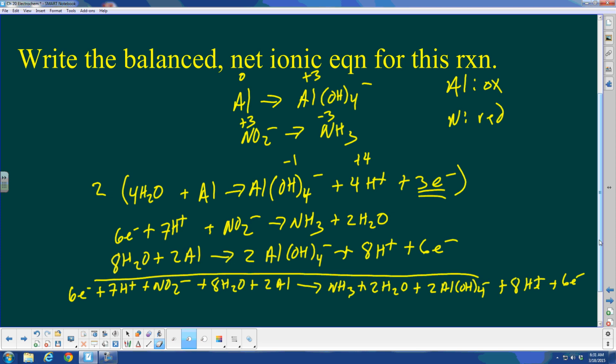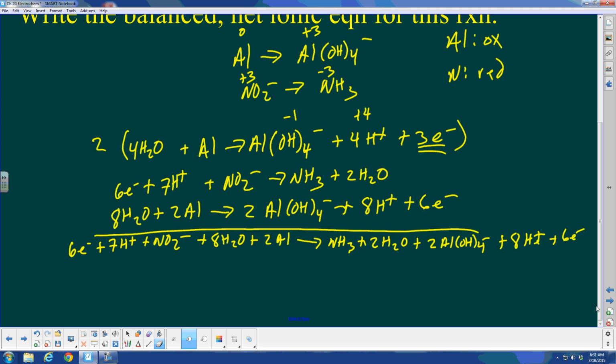Now let us simplify. 6 electrons go, 6 electrons go. I have 7 hydrogens on this side, I have 8 on this side, so that means these are all gone, and only 1 H plus remains. How about my waters? I have 2 waters here, and I have 8 waters here. That means all of these go, and I end up with only 6 waters on this side.